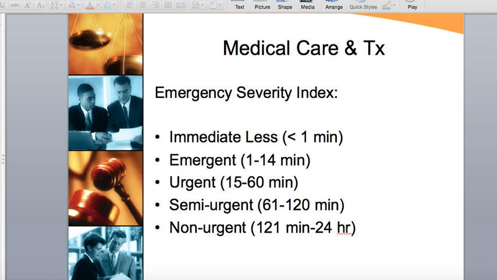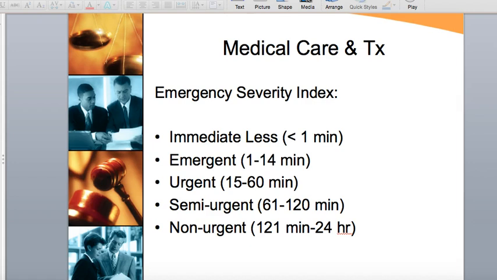There have been people who scored in the lower levels, meaning non-urgent or semi-urgent care, when in essence they needed to be seen emergently or at least immediately. And there have been errors in this case, and unfortunately, people have had poor outcomes in visiting the emergency room because it was believed that their emergency needs were non-urgent or semi-urgent when in fact they were.